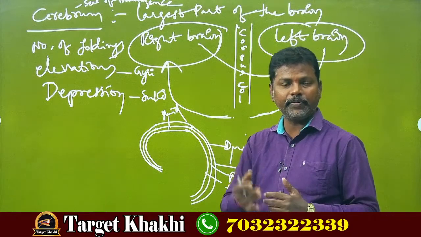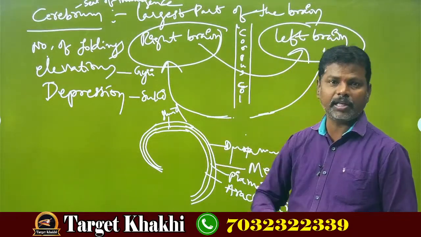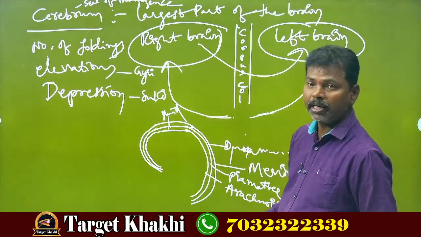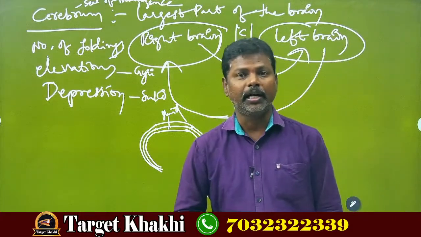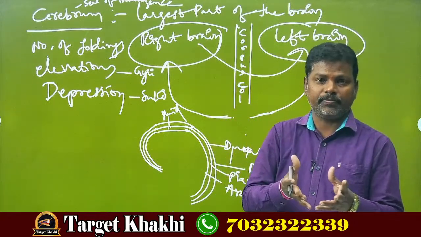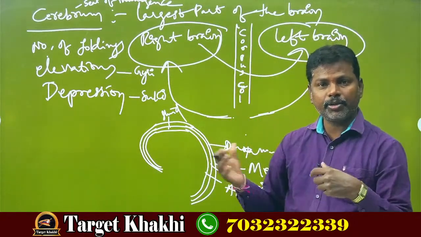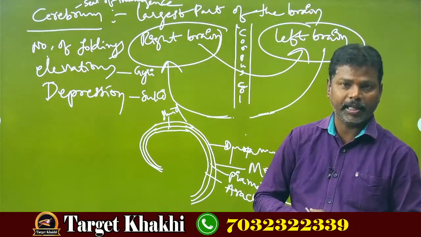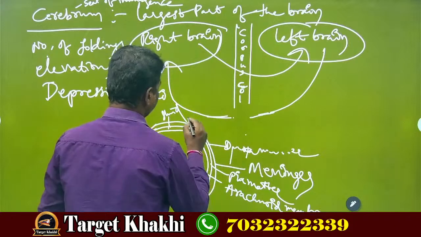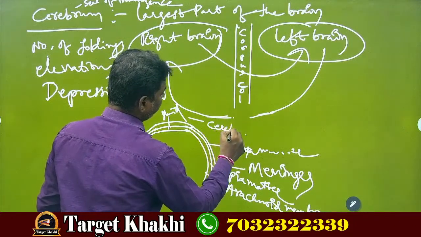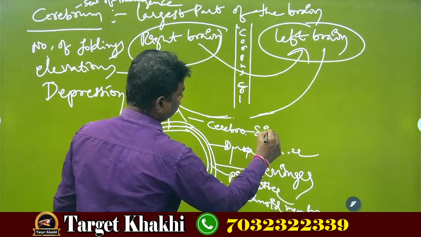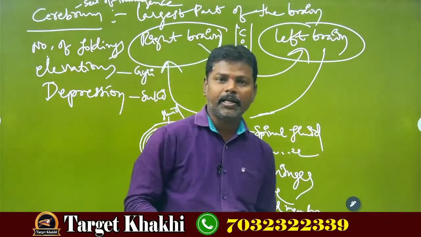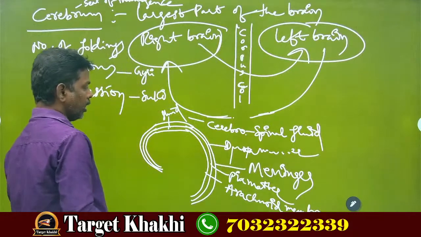When we move or when we jump, in order to avoid frictional force, this fluid, cerebrospinal fluid, acts like the best lubricant and gives protection to the entire brain when it is working or coordinating in our body, right? This fluid is called cerebrospinal fluid.